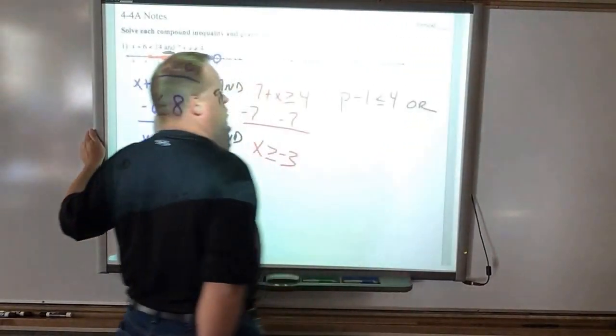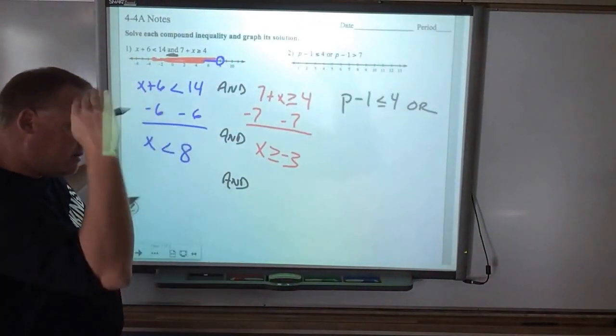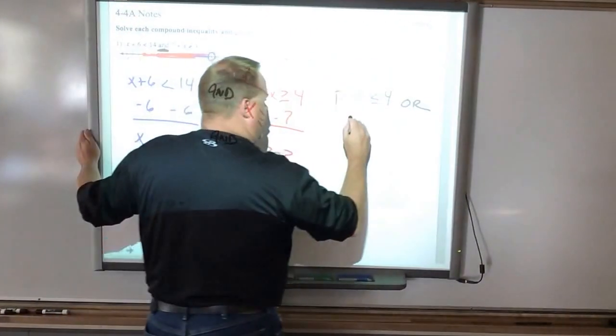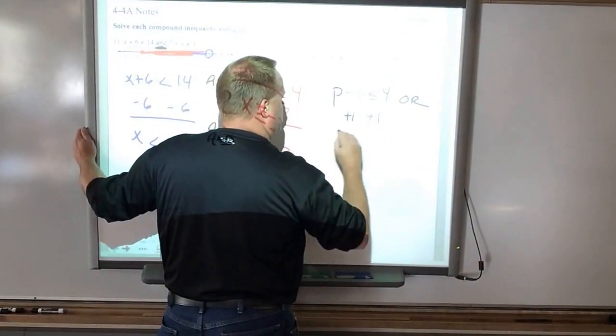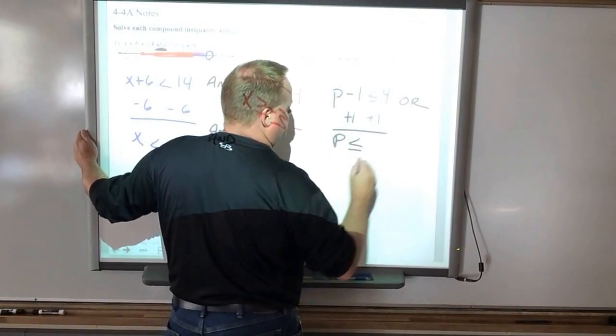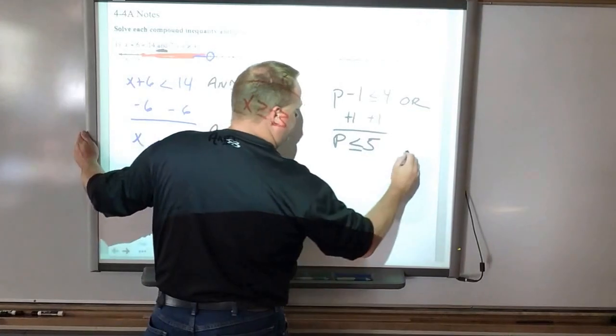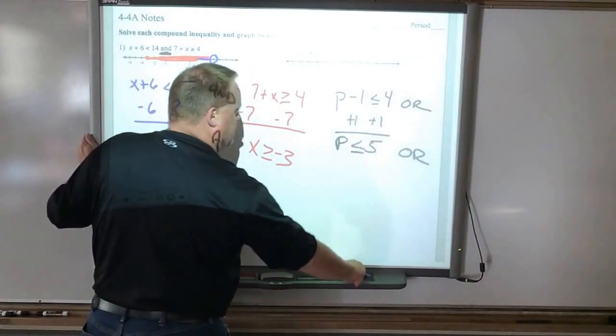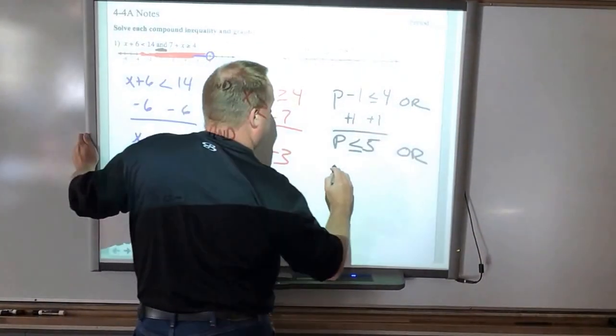Or, and you notice I'm out of room, so I'm going to keep this or in my mind as I go. I'm going to add 1 to both sides. It's p is going to be less than or equal to 5, and I'm going to write this or once again. I'm keeping it, and I'm going to write the next one.